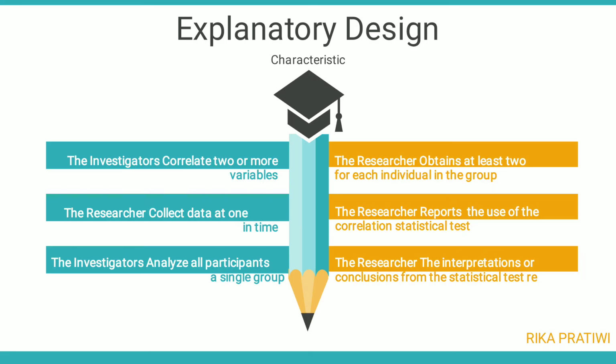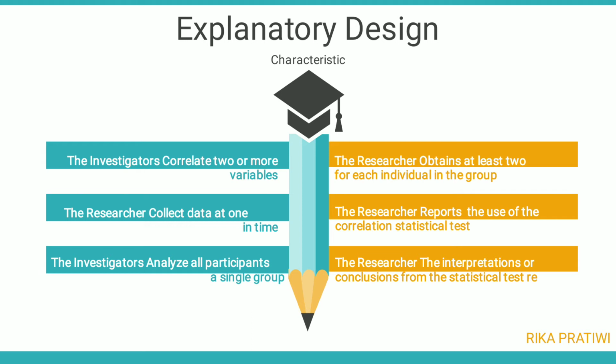And these are the characteristics of explanatory design. The investigator correlates two or more variables. The researchers collect data at one point in time. The investigators analyze all participants as a single group.